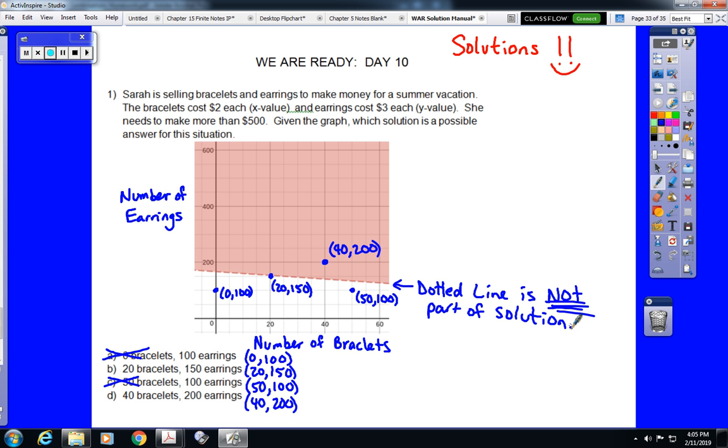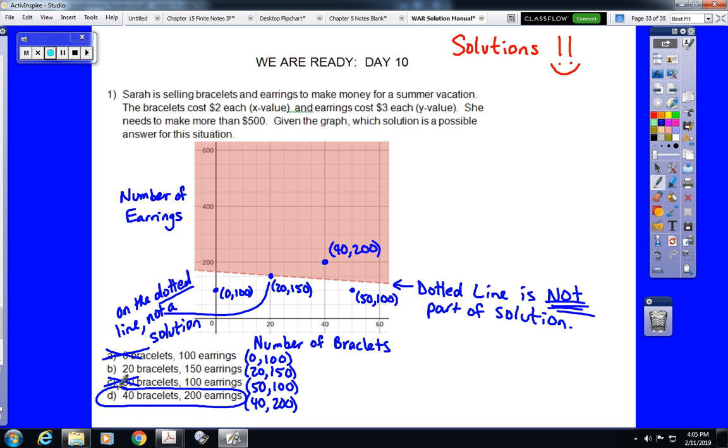So even though it appears to be, this point is on that dotted line. And if it's on the dotted line, then it is not a solution. So our correct answer is D, 40 bracelets and 200 earrings.